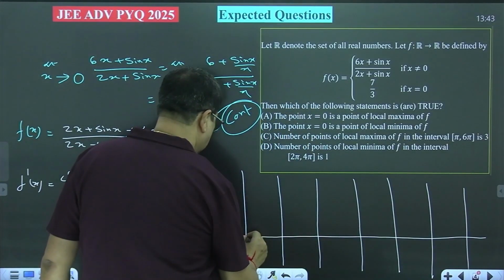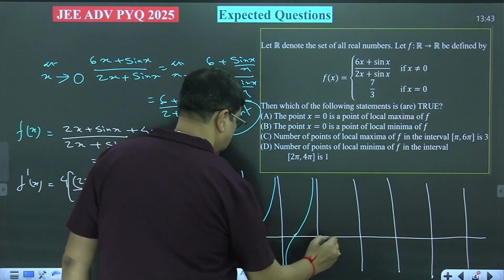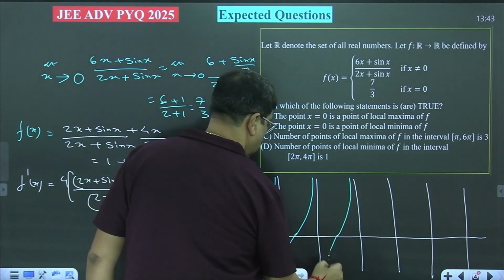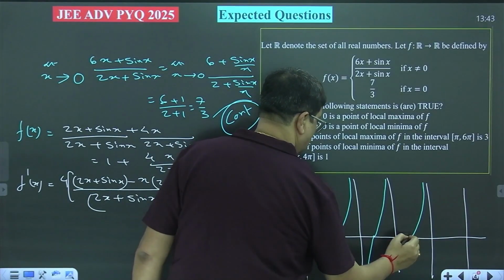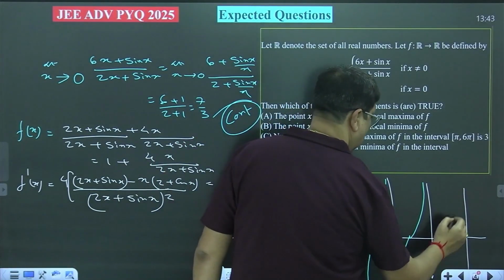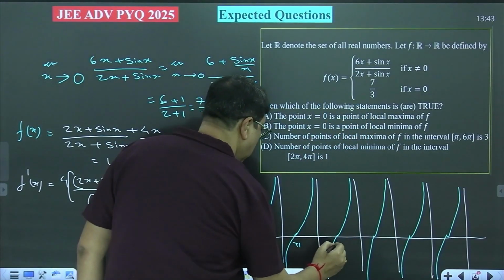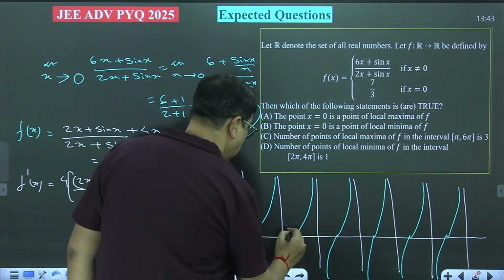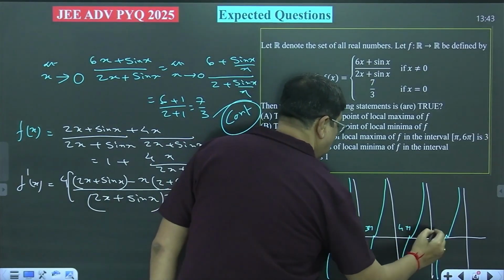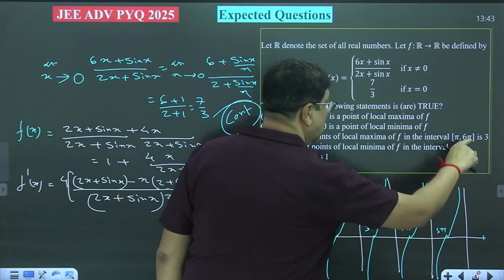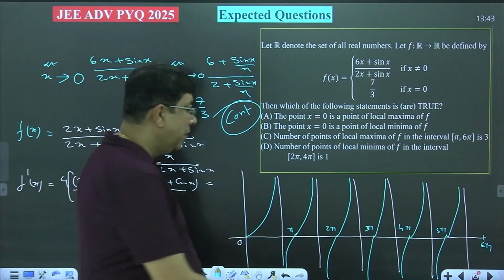If I draw the y equal to tan x curve, this is pi, this is 2 pi, this is 3 pi, this is 4 pi, this is 5 pi, and we need up to 6 pi. This is the graph of tan x.